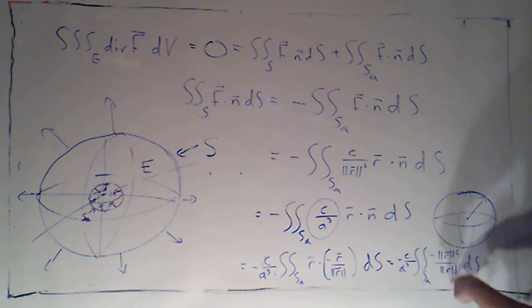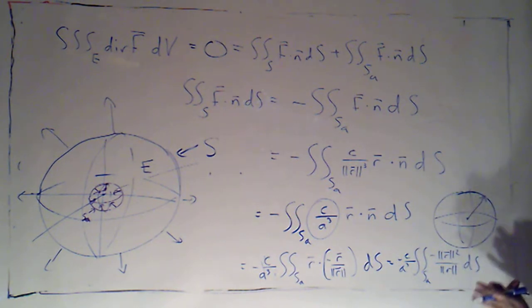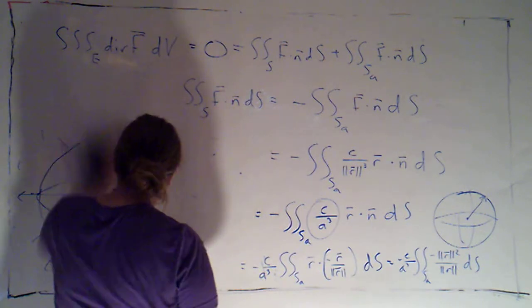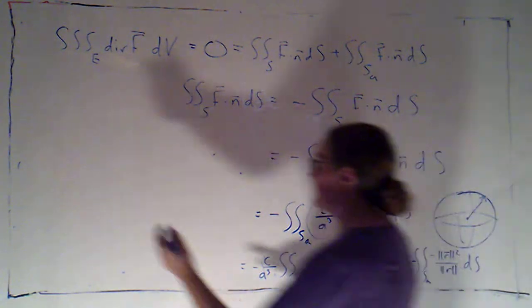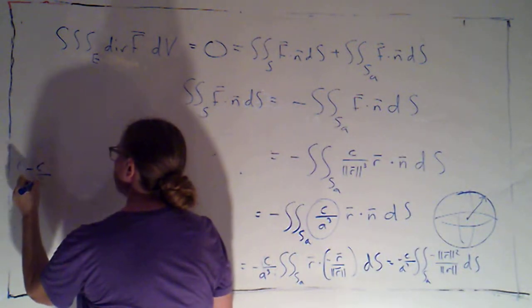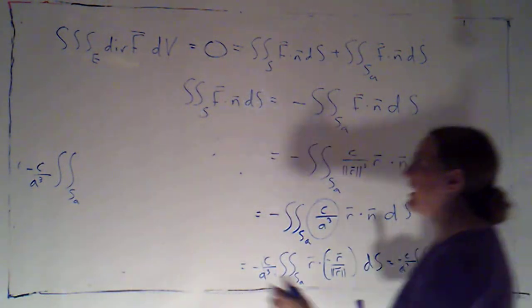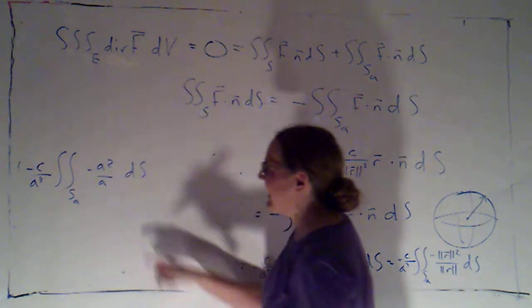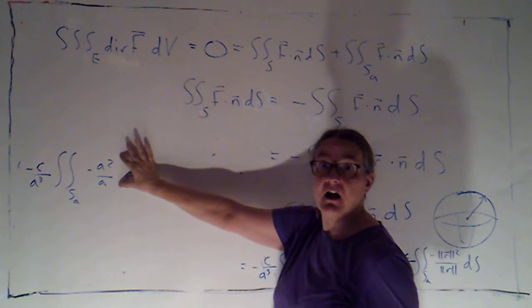But again, these are just A's, because we're talking about a position vector that's pointing to a point on this sphere of radius A. So that becomes negative C over A cubed, double integral over S sub A. I basically got negative A squared over A dS, which is just going to introduce another negative sign and a factor of A on the top.